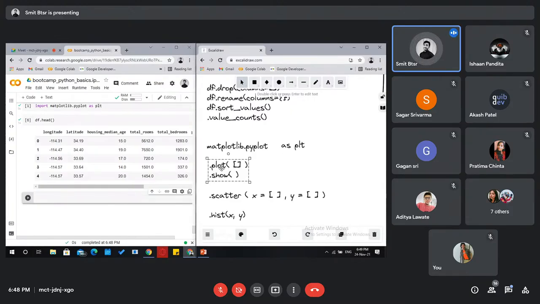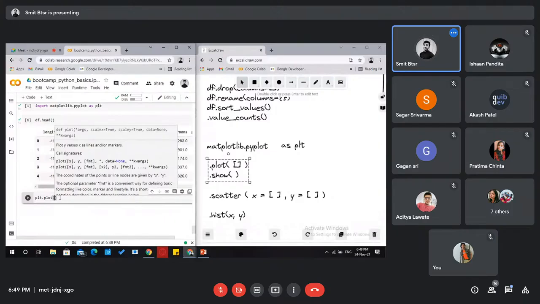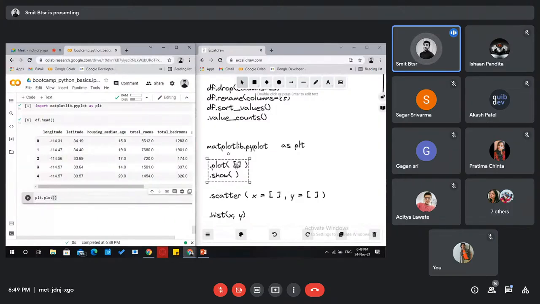With plt.plot, what we are doing is mentioning what to do. Here we are just telling it what to do. We have to explicitly tell it to show the results, to show the graph.